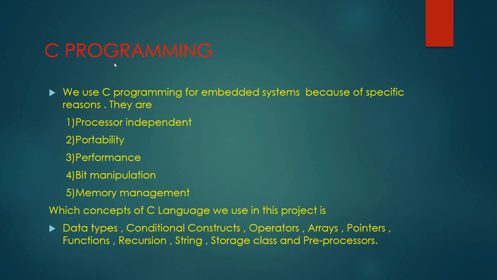The reasons are processor independence and portability. Processor independent means if you write a program for one processor, you can use the same program for another processor by modifying small things.